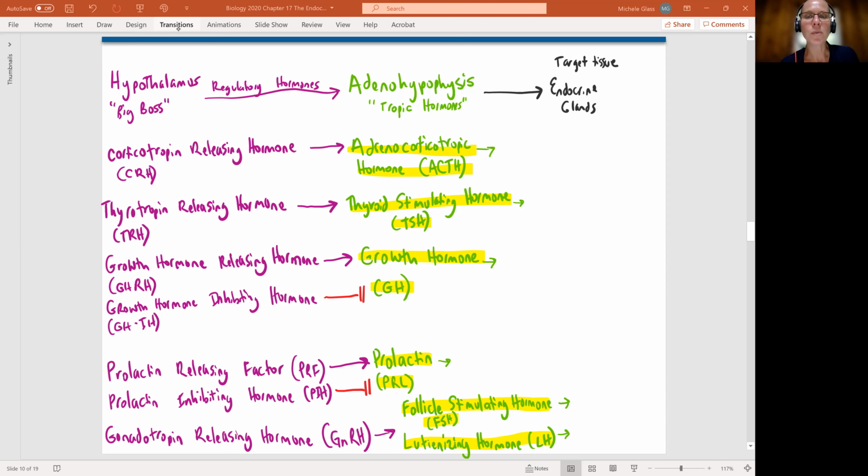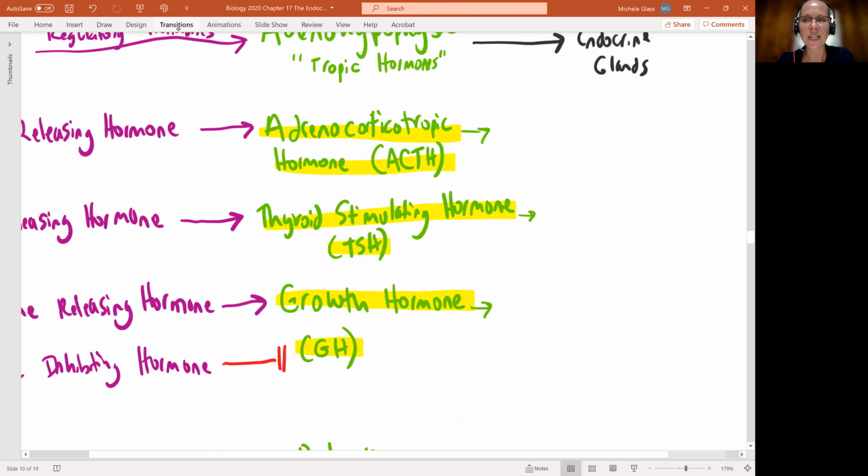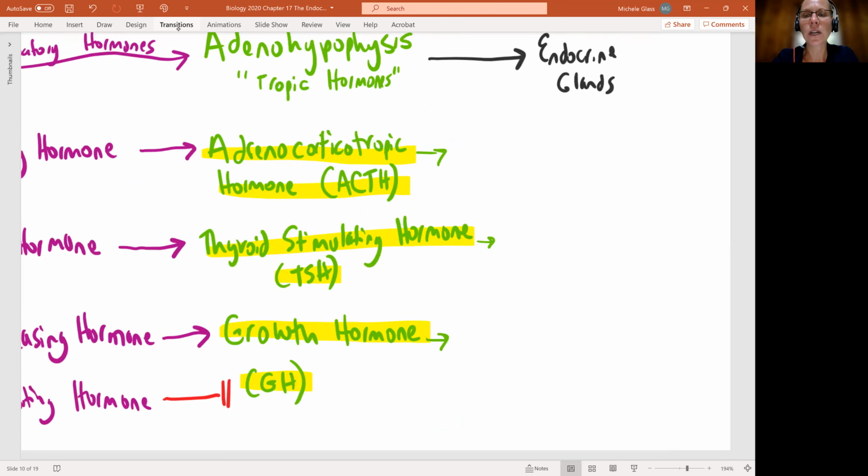So let's start with the adrenocorticotropic hormone, which is abbreviated capital ACTH. As the name sounds like adrenocortex, this hormone is going to be targeting our adrenal gland, and specifically the adrenal cortex.